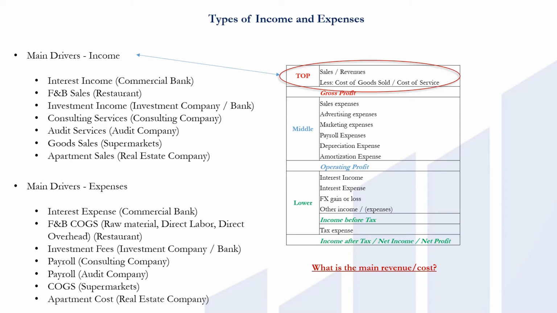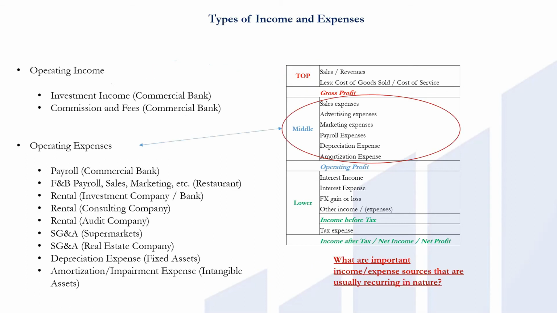So here the cost of goods sold is segmented into raw material, direct labor, and direct overheads. For more information, please go to my costing for finance for non-finance professionals. Then investment fees, payroll expenses, and finally, the apartment cost for the real estate company.